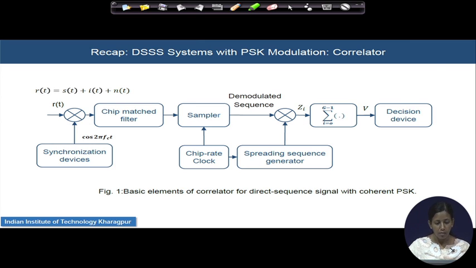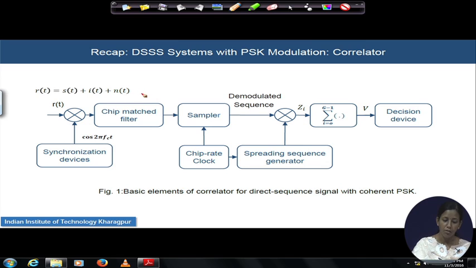This is the same figure reproduced here from the last module, where the chip matched filter is matched with the chip waveform psi(t), hence its impulse response will be psi(-t), if psi(t) is my chip waveform.